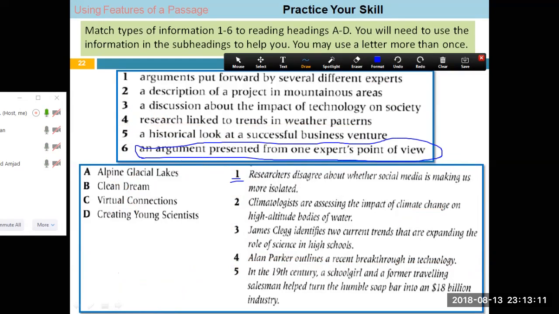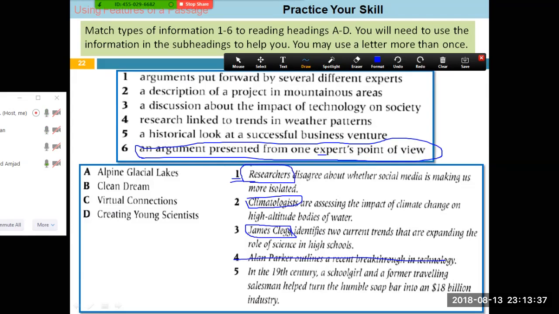Let me first create a confusion. When I say expert, it could mean researchers are experts, climatologists are experts, and here we can ignore number 4, where we have a name of an expert.